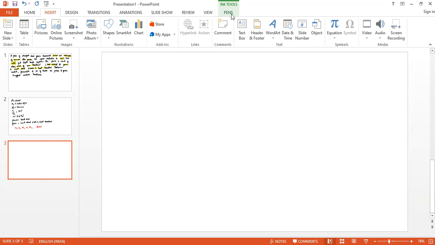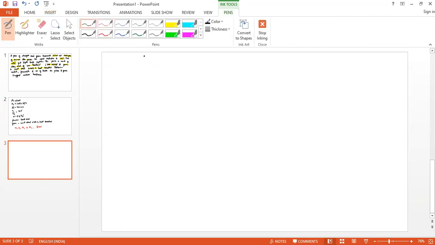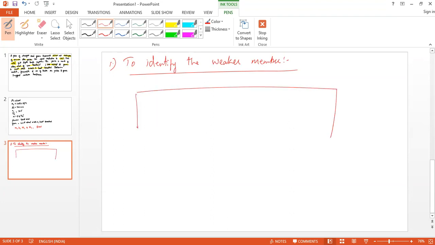The first step is to identify the weaker member. To identify the weaker member, we need to write the table.